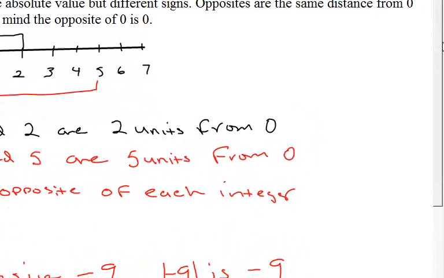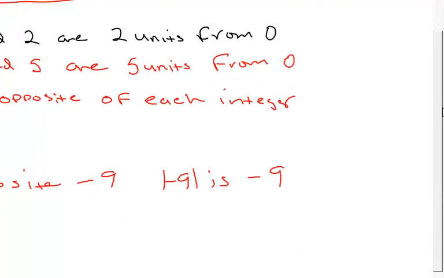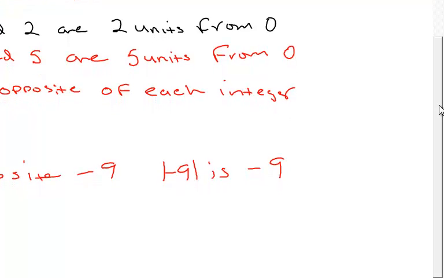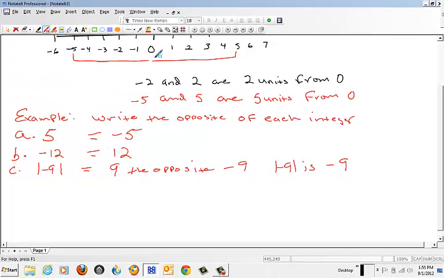Okay, so let's take a look at some examples. What if I was told to write the opposite of 5? Since 5 is 5 units from 0, -5 is also 5 units from 0. So the opposite of 5 will be -5.